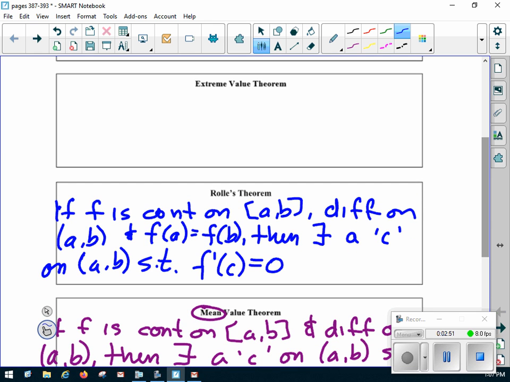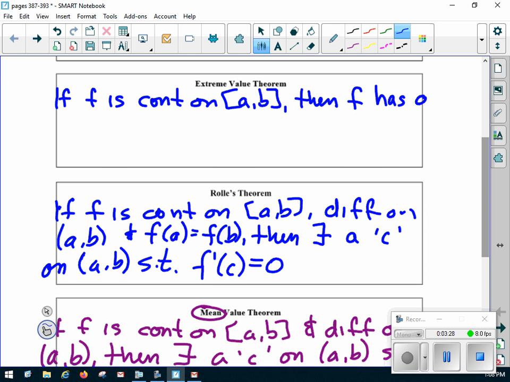Extreme value theorem. Remember that one? Right. Extreme value theorem. If f is continuous in the closed interval a to b, then how do I want to write this? Okay.